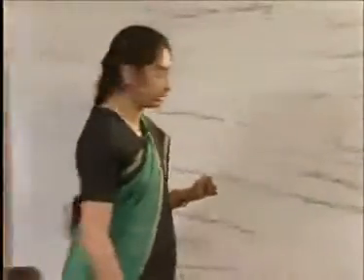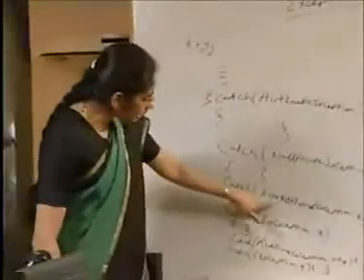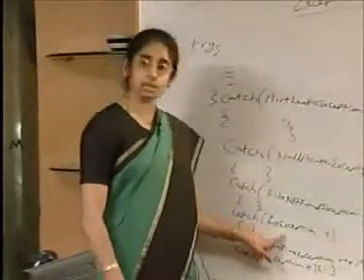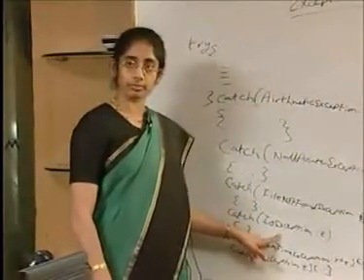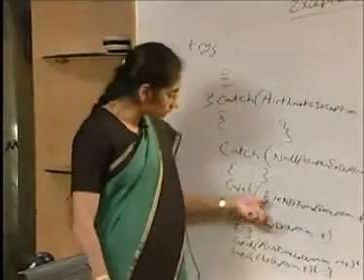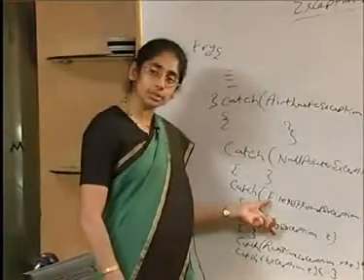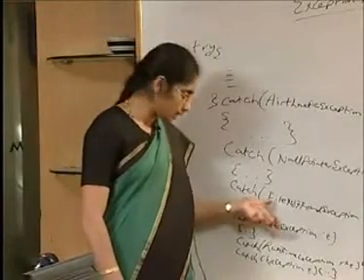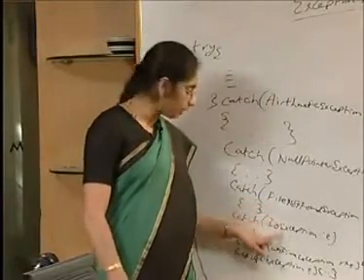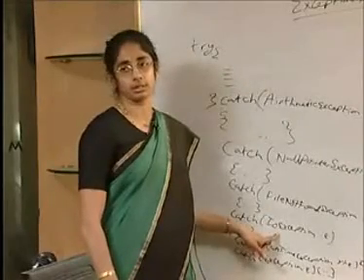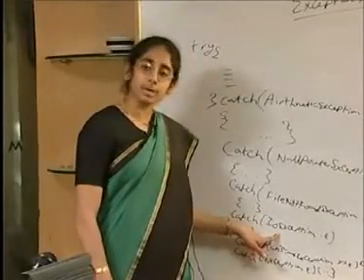So I am having both the file not found exception and the IO exception catch block. When I have this parent and child relationship, we need to make sure that the child exception comes first and then the parent exception catch block. Otherwise the compiler will give an error saying catch not reached.